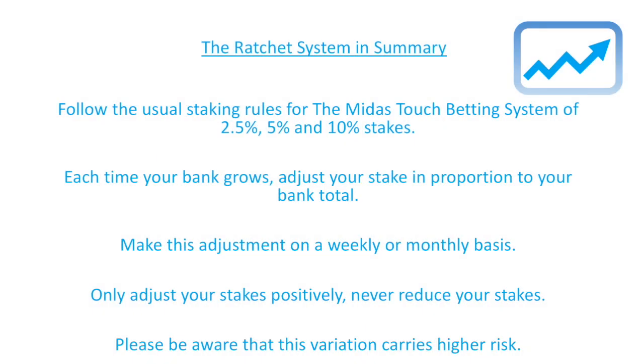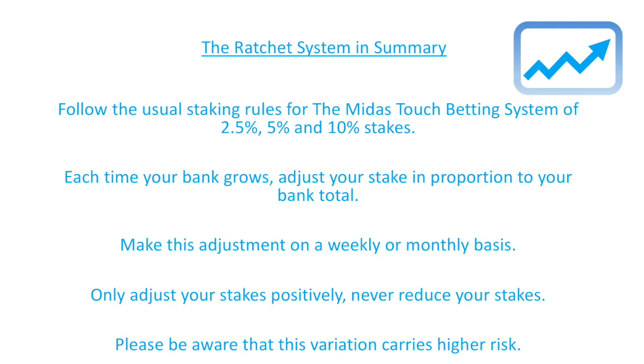Okay, just to summarise the ratchet system. First of all, follow the usual staking rules for the Midas Touch betting system of the 2.5%, 5% and 10% stakes. Each time your bank grows, adjust your stake in proportion to your bank total.